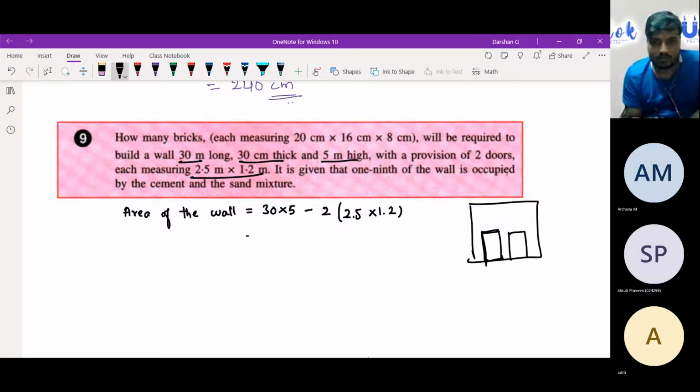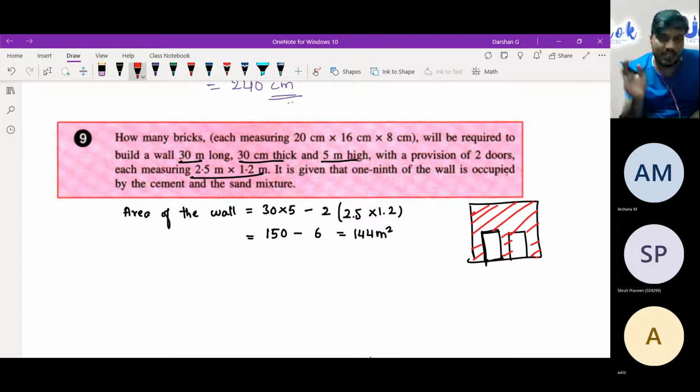So this is the area of the wall that we will get. 30 into 5 is 150, negative 2 times 2.5 into 1.2, which comes to 6 overall. So that will be 144 meters square. We are talking about only this face of the wall, measuring 144 meters square.